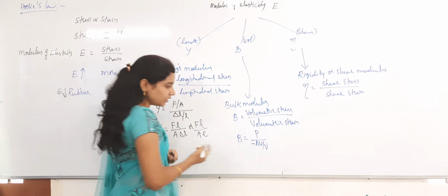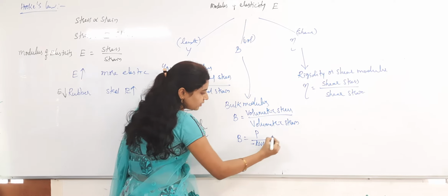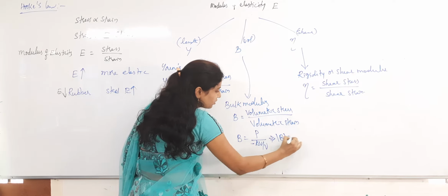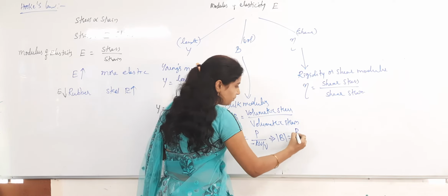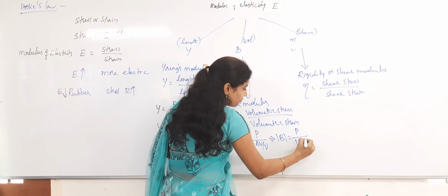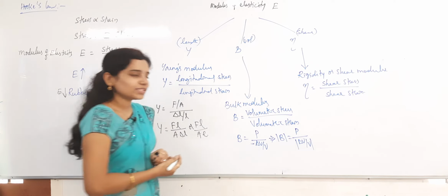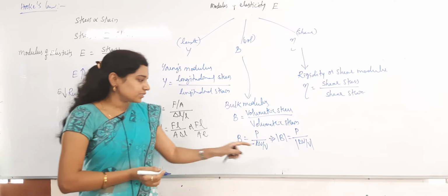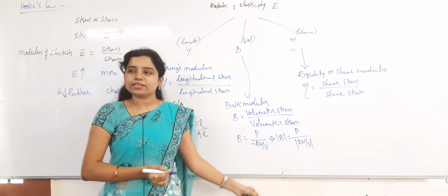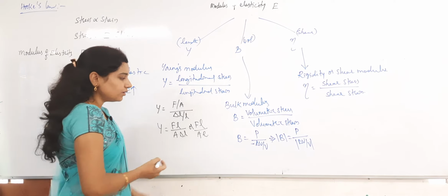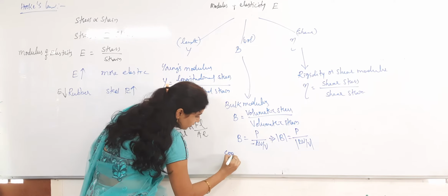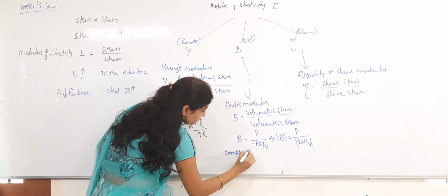Clear? So here I can write it as, whenever I say the bulk modulus B. B is equals to what I can write here? P by delta V by V. That is a bulk modulus formula. So here this minus indicates that whenever I increase the pressure, volume is decreasing. And also in this one more will be there, that is we call as compressibility.